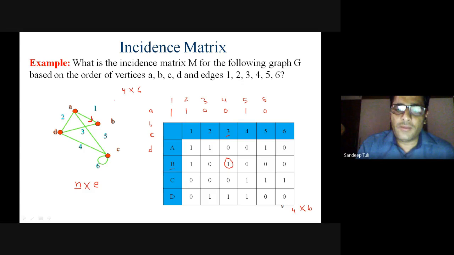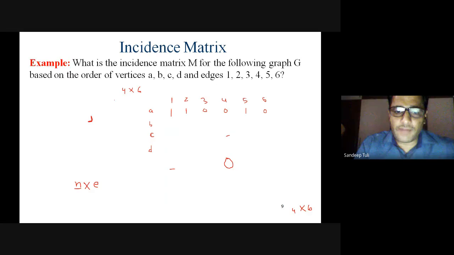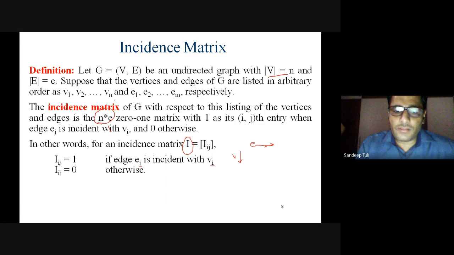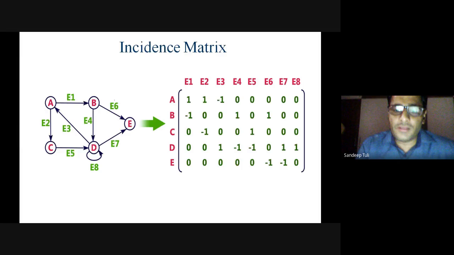One, we can use the same rule that we are following: if the edge is incident, we put 1, otherwise it is 0. But in most of the cases, the matrix will change actually. It will also include a -1 entry. -1 is for, say, E3. Now look at that graph actually. E3 is incoming to A, so it will be -1. It is incident, so we represent it as -1.